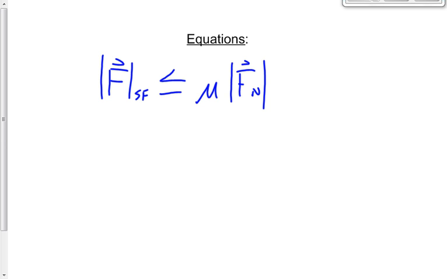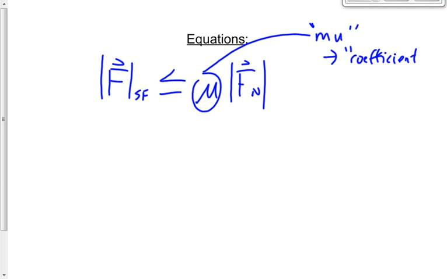What does mu stand for? It's what we call the coefficient of static friction. It basically measures for us how much these two things stick together, how much the legs of Lane's desk stick to the floor.